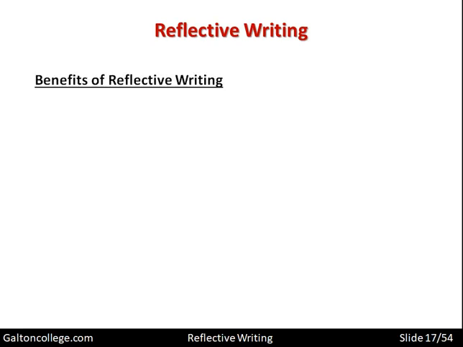Now, the benefits of reflective writing, well, if it's done properly, they can help us prevent mistakes, because we might have encountered the situation before, and now we're thinking this situation is similar to something we met in the past. This is what we did in the past, therefore we need to do the same now.